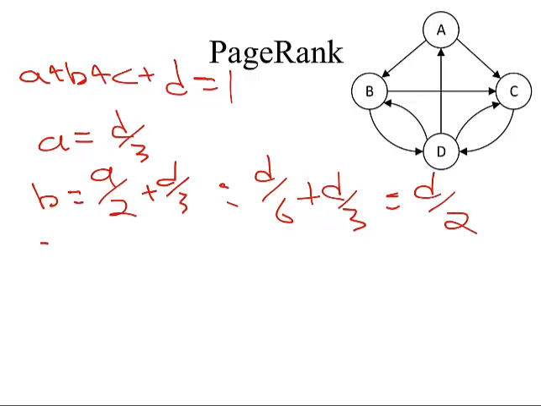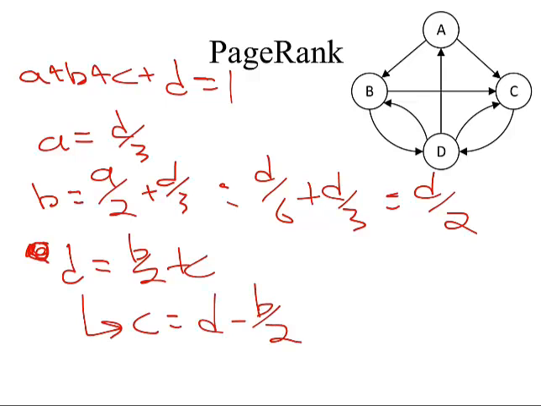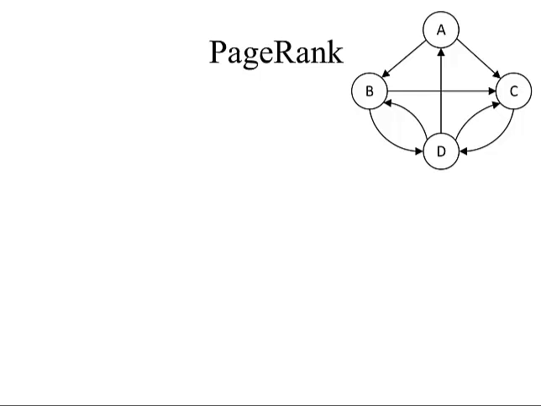And for C, we want to avoid C's equation of 3, and instead use the simpler equation that we have already, that D is equal to B over 2 plus C. And so that leads us to say that C is D minus B over 2, which is simply D minus D over 4, which is 3D over 4. So this example is similar to what we had before, except the graph is slightly different. And so now we can use that and plug into our normalization equation.